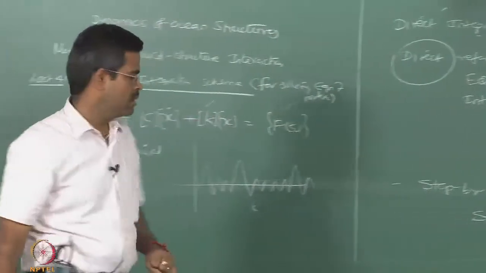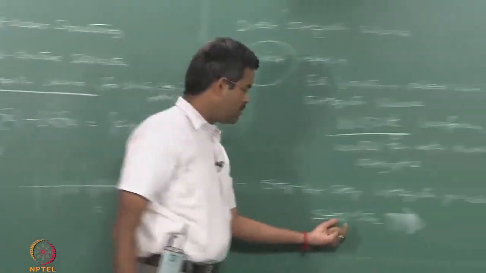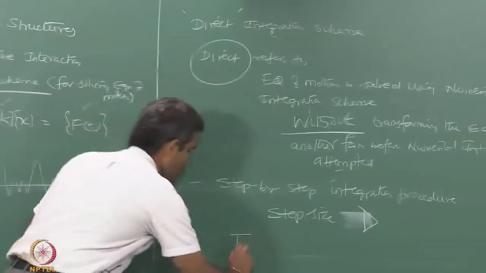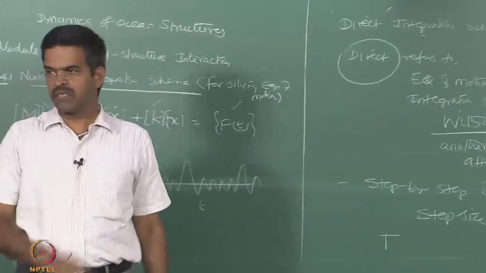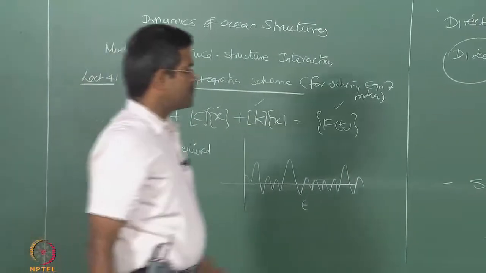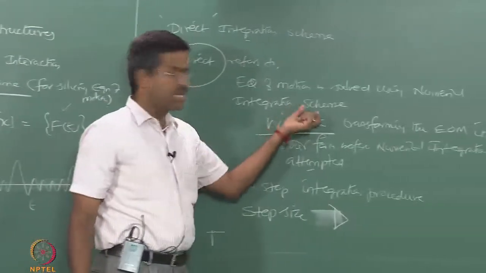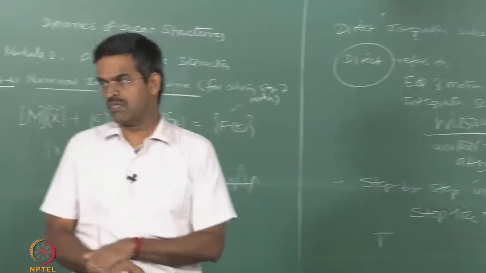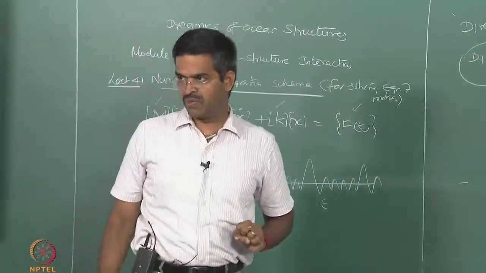That is number one. Number two, the step size chosen by you should have some relationship with the overall T of the structure, that is capital T. There should be some relationship between the step size and T. Thirdly, the step size chosen and the integration scheme should give you unconditionally stable convergence, otherwise there is no point in having any numeric scheme. So we must ensure that.